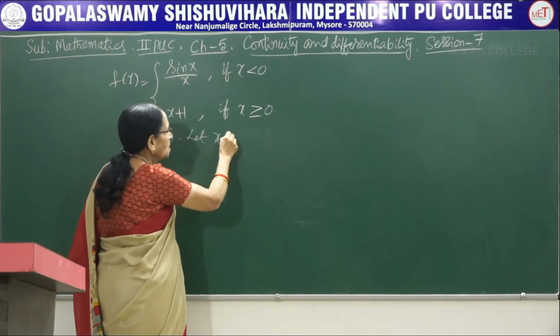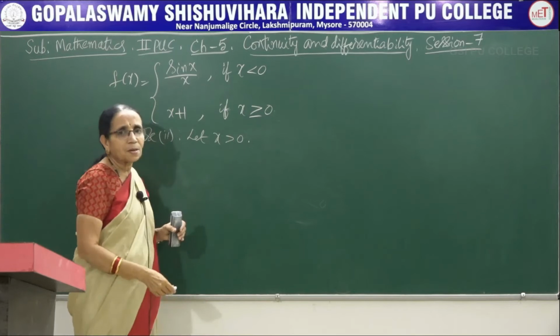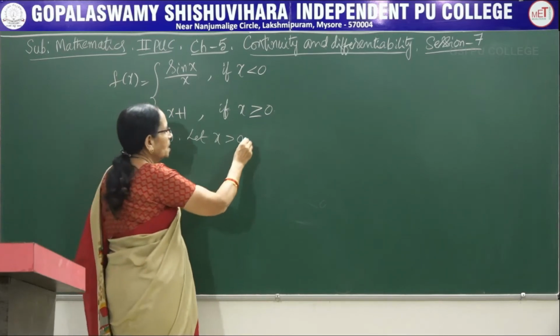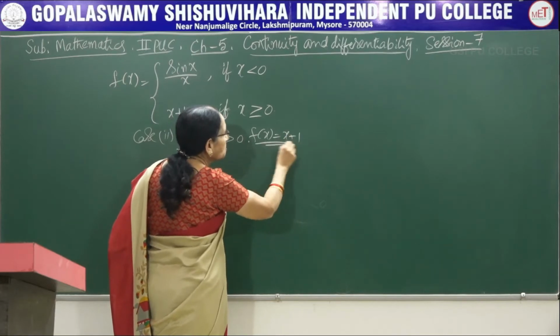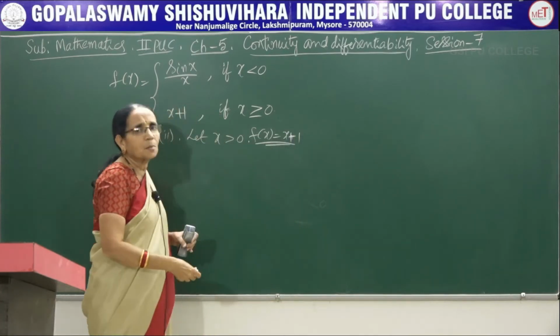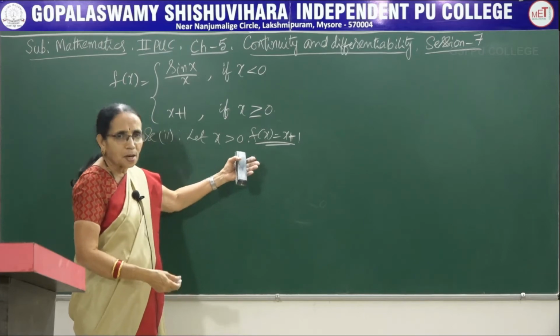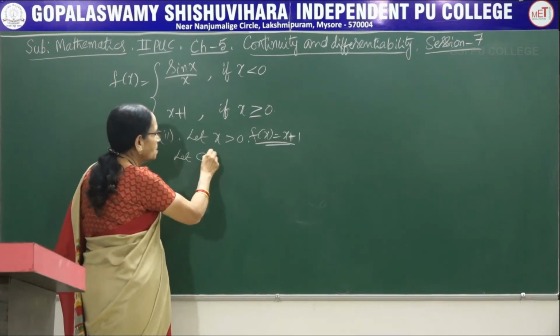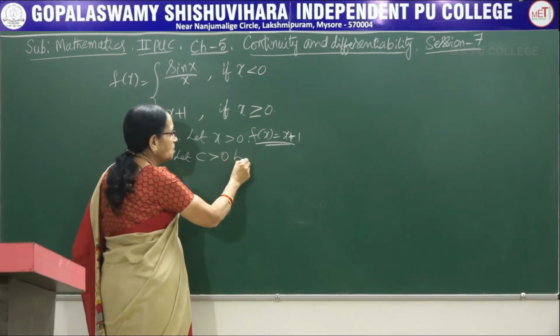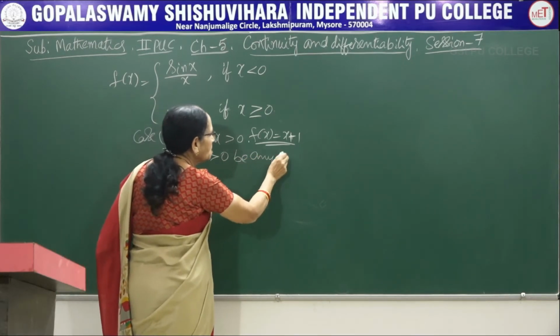Let x be greater than 0, that is a positive number. Then how is the function defined? That is equal to x plus 1, which is nothing but a polynomial function. Automatically it would be continuous, but the same procedure we adopt here. Let c greater than 0 be any real number.